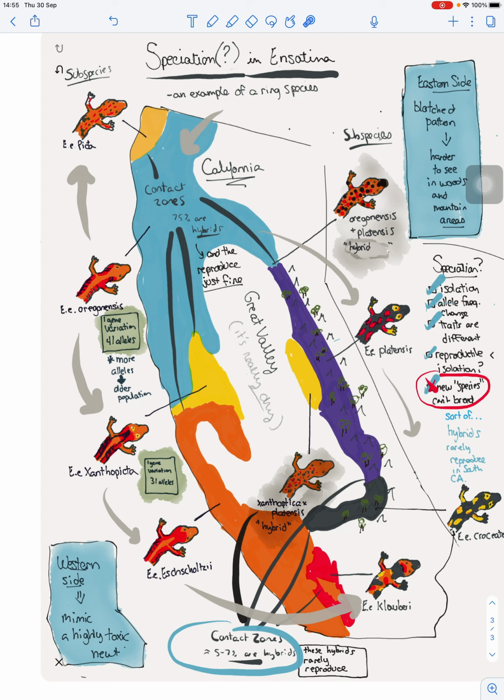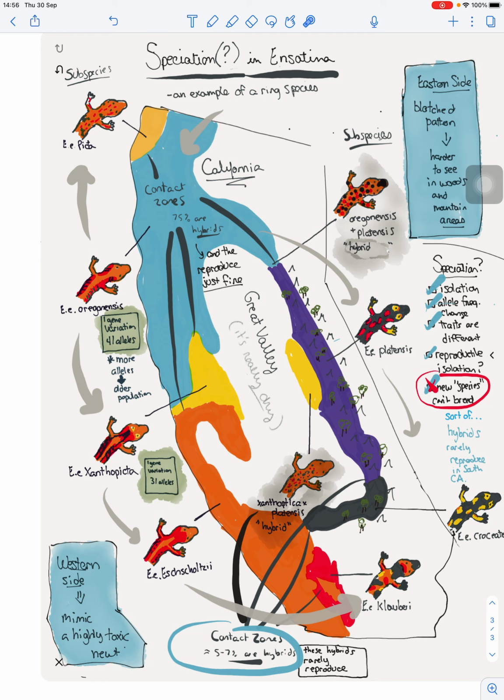So over here, all of these salamanders have evolved and been selected to mimic a highly toxic newt, which is like a salamander but slightly different, but they look very, very similar. And they look similar enough that predators don't eat the salamanders because they look like the newt that is poisonous, okay?